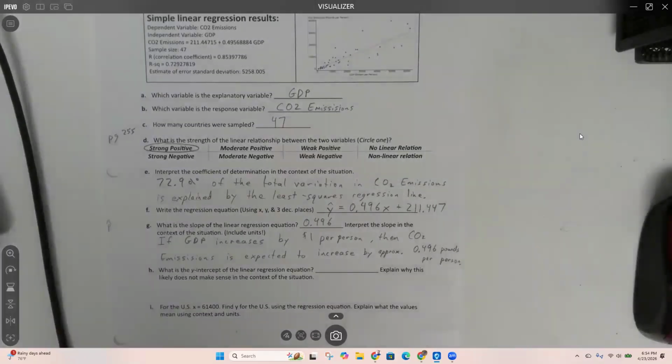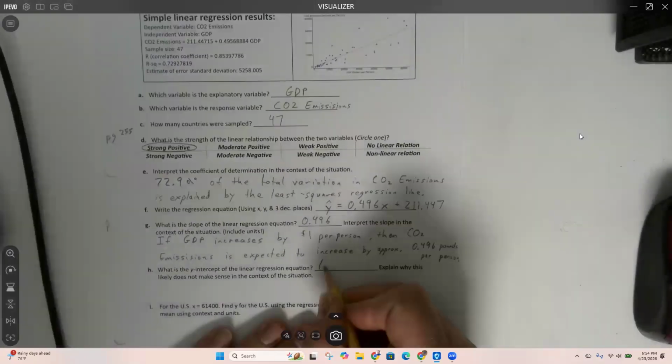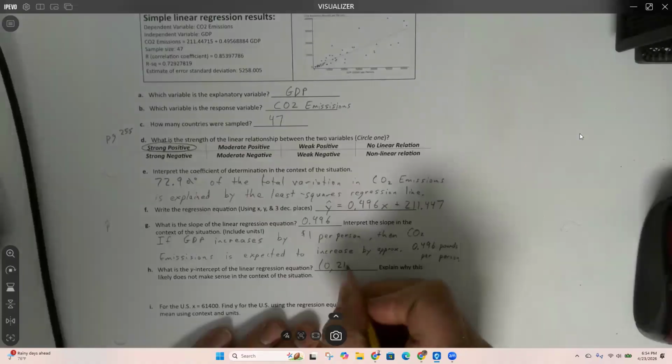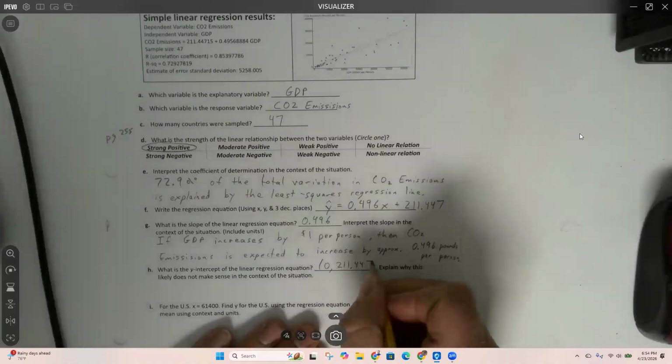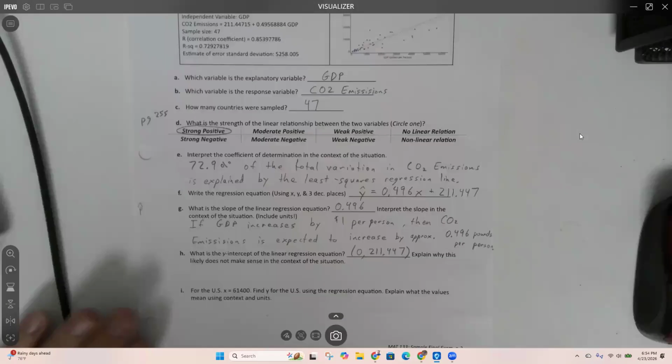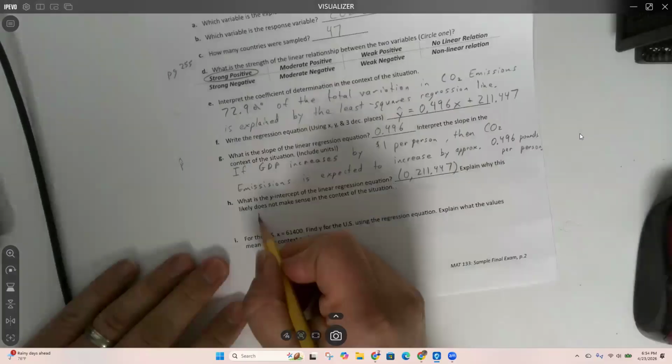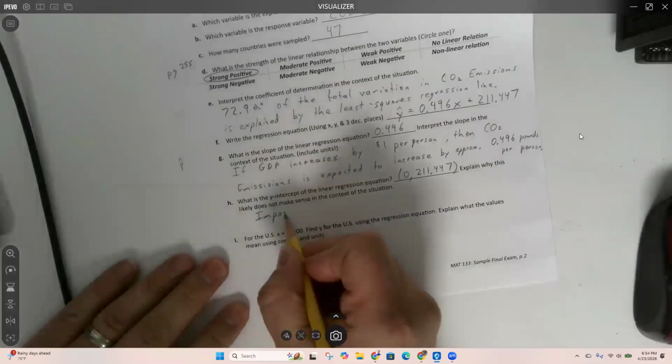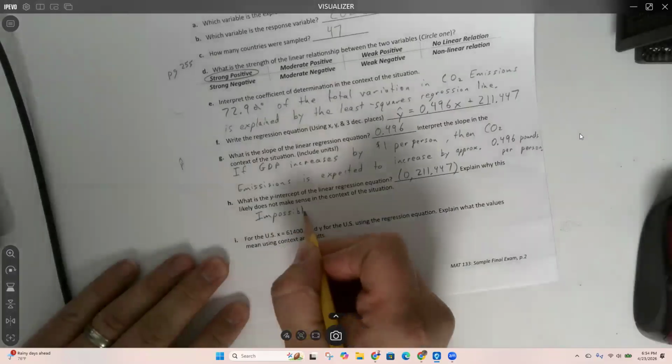What is the y-intercept? It is 211.447. Explain why this does not make sense in the context of the situation.